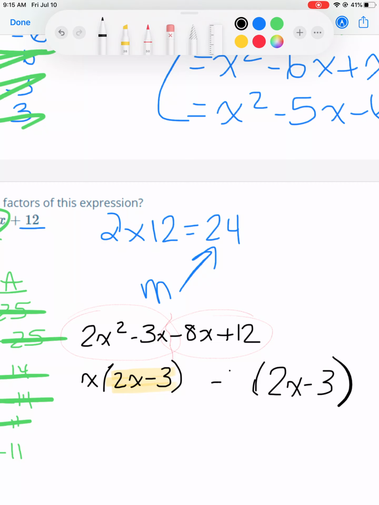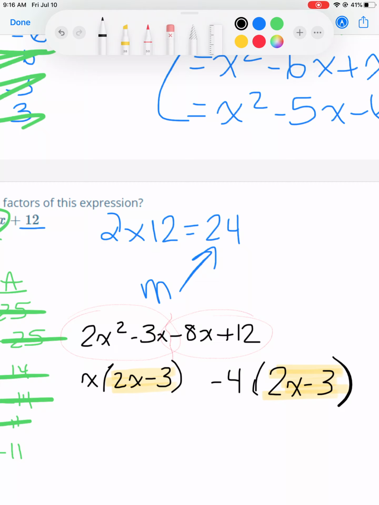So it's going to be minus 4, because we want those two to be the same thing. See that? So once you common factor one of them, just make the other one, manipulate it a little bit, kind of like cheating, but we just want them to be the same. Because if you were to multiply this back through, negative 4 times 2x is negative 8x, and then negative 4 times negative 3 is positive 12.